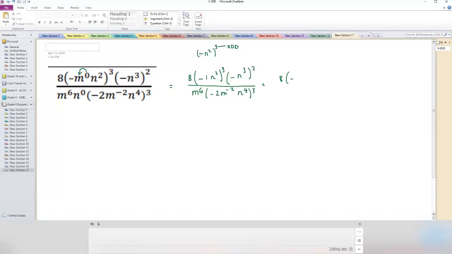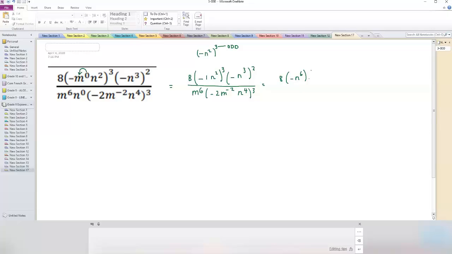After that, n to the power of 2 to the power of 3, that means I multiply 2 by 3 equals 6. And I finalize this one. So the 3 made the negative stay negative, and the 3 made the n squared become n to the power of 6.